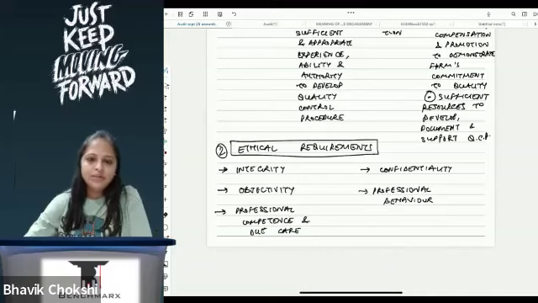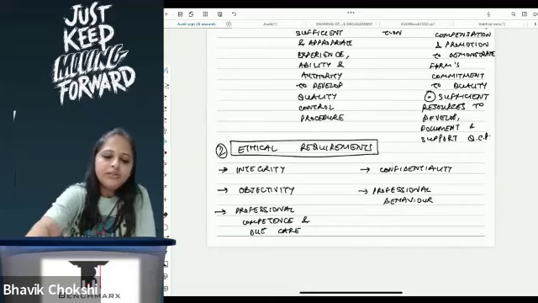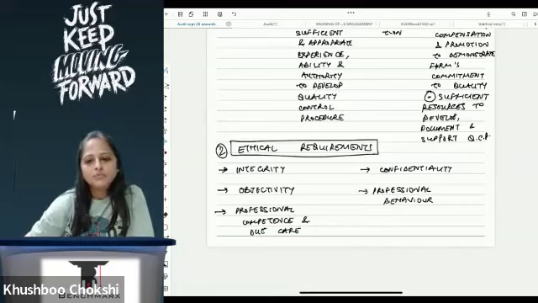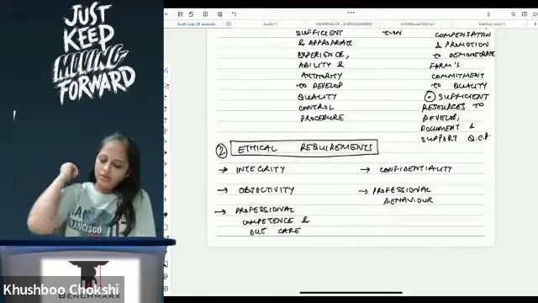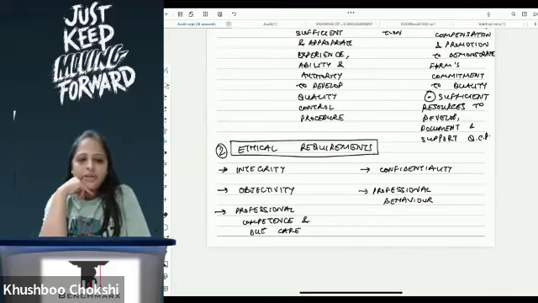Below that we will write down integrity, the 5 points that are there: integrity, objectivity, professional competence and due care, confidentiality, and professional behavior.